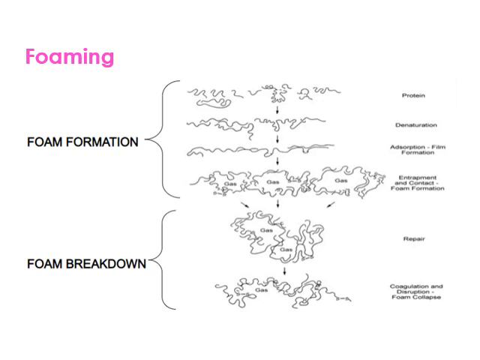So in foaming, how is protein involved in the foam formation? Protein first, upon mechanical shearing, will start to denature, and then the protein will be adsorbed, where the non-polar region of the protein will be oriented towards the air, and then the polar region will be oriented towards the polar, which is the water phase.